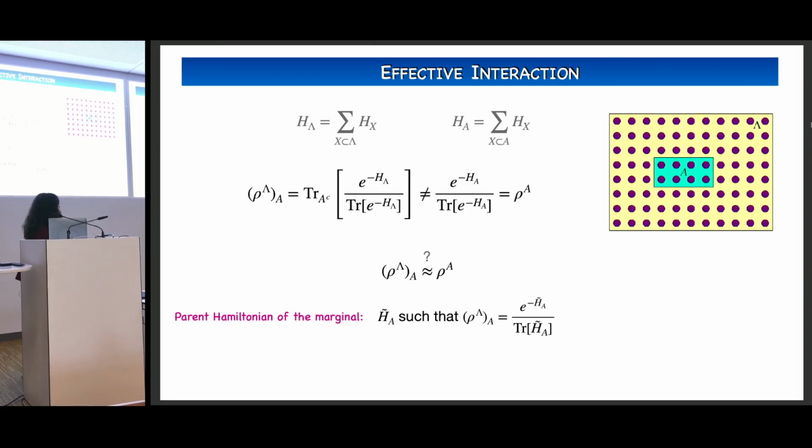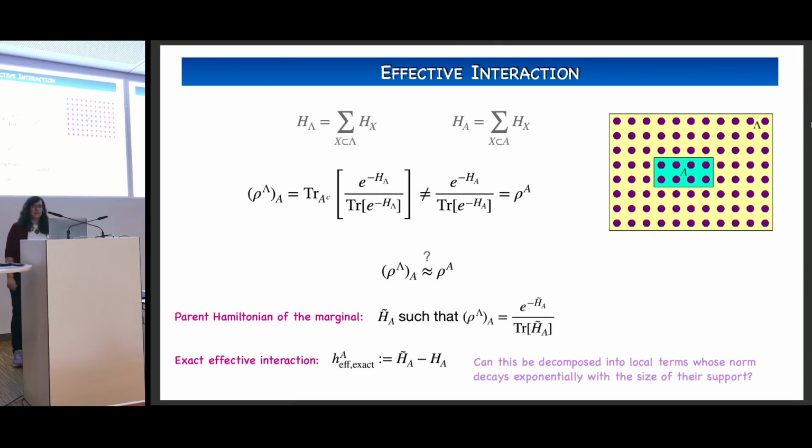Sorry, this should be trace of e to the minus H tilde A. And then what we are asking is, if we take this difference between this H tilde A and the original H_A, is this difference too large or not? This is something that is called the exact effective interaction. And we are going to see whether this can be decomposed into local terms whose norms decay exponentially with the size of the support. And in the cases in which we have that, we have actually gained.